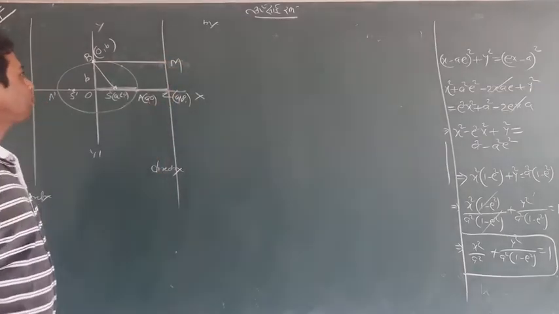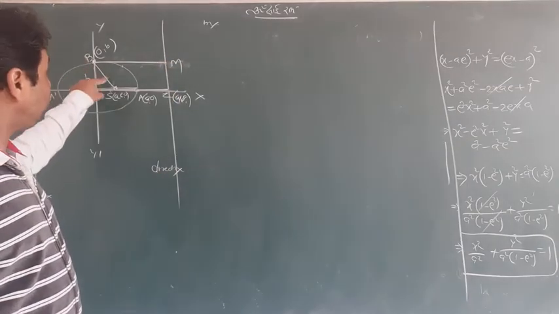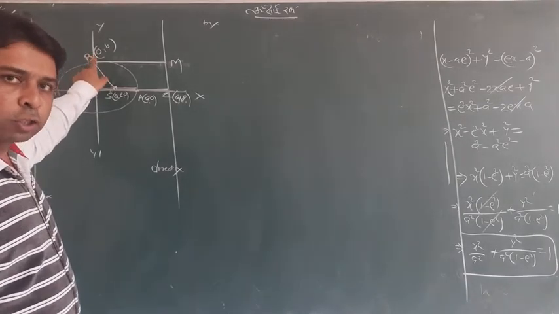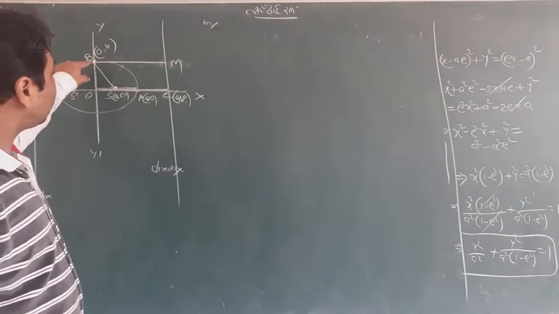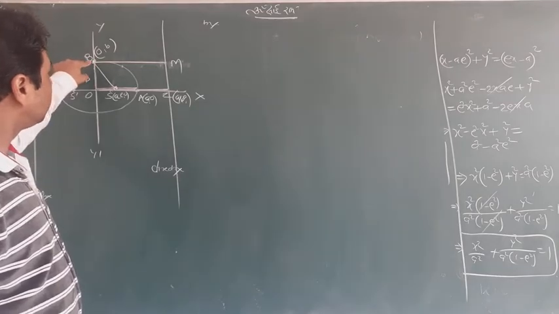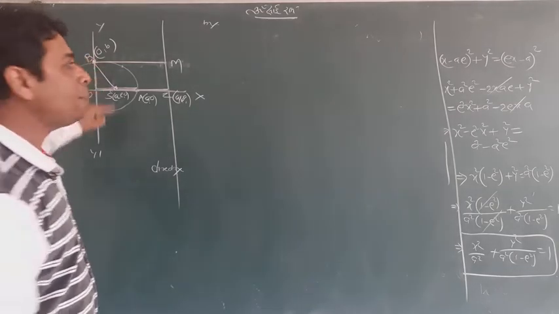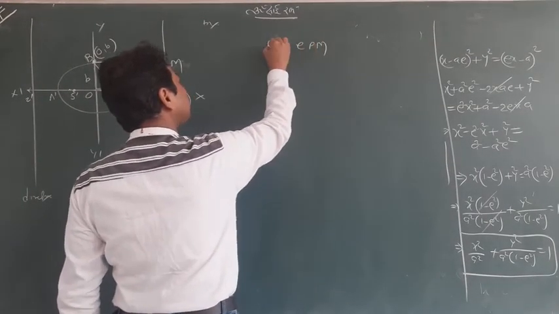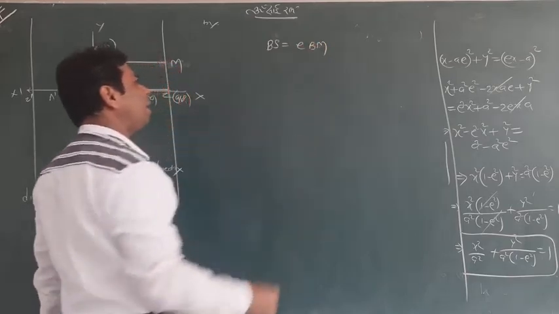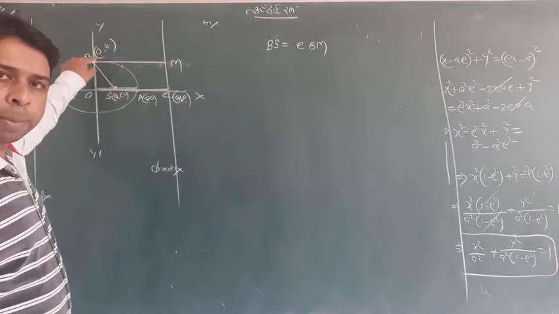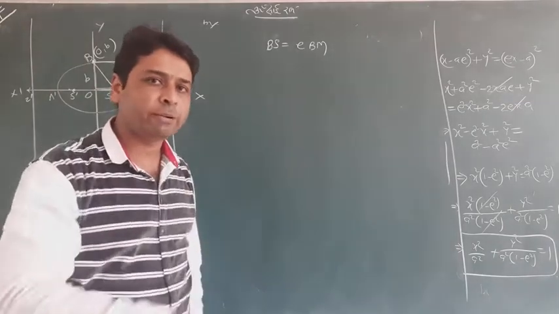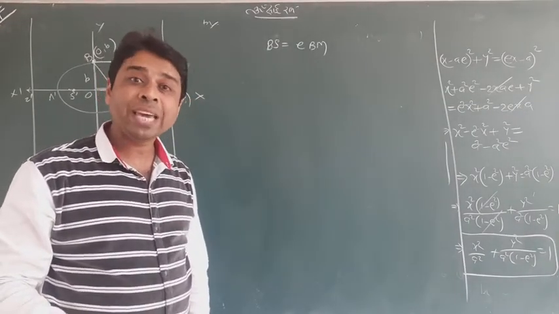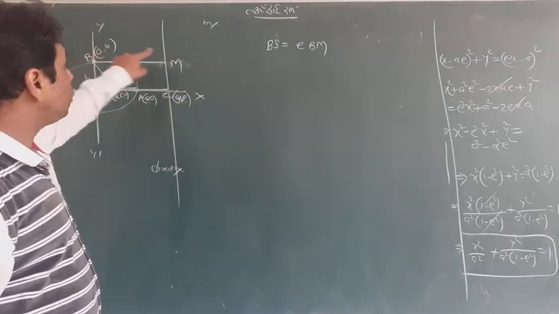That is B I am taking, and that is P also. P is the moving point at the time. Suppose point P reaches here, it again follows the same definition. And the definition is PS equal to EPM, but this time it is BS equal to EBM. Why? Because P coincides with B, so I can make the definition with B: BS equal to EBM.